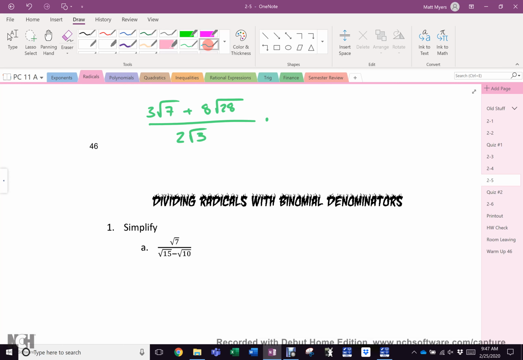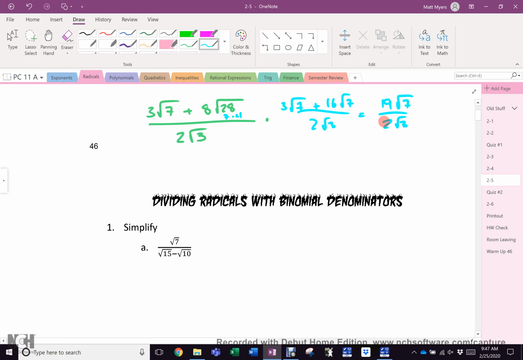So of course, what are we going to do first? I would simplify the root 28 to get 3 root 7 plus, that is 7 times 4, so that is 16 root 7 over 2 root 3, which would get me 19 root 7s over 2 root 3.